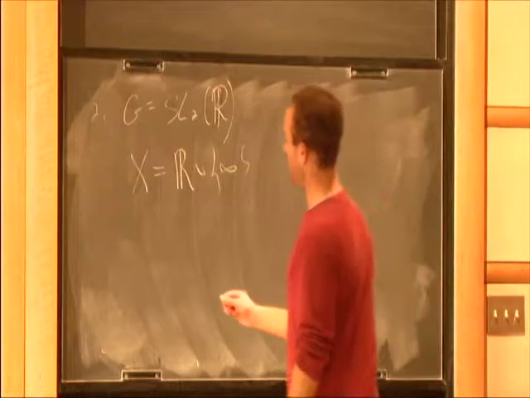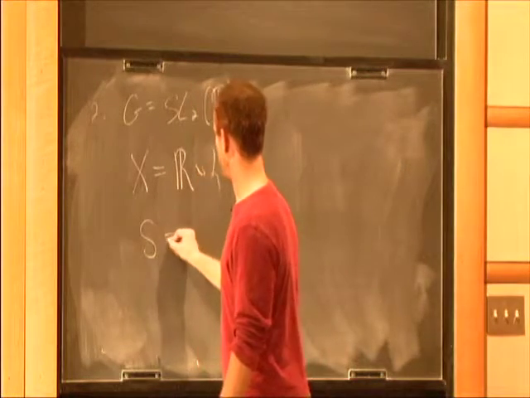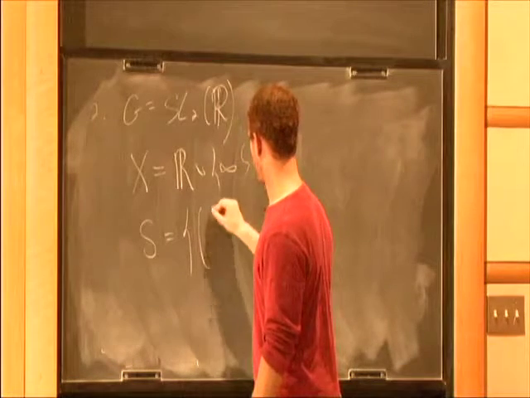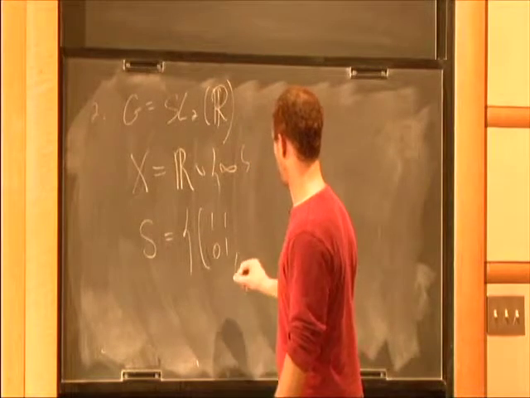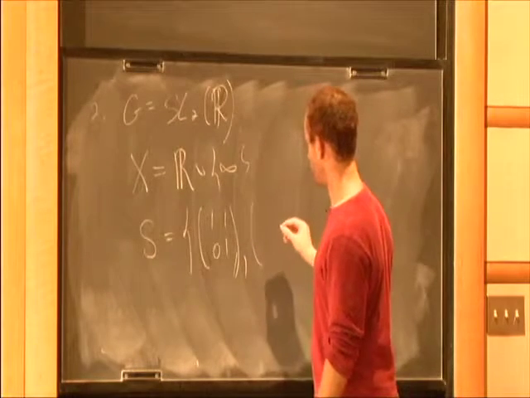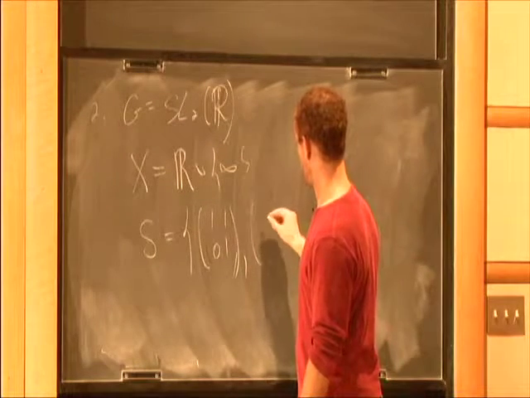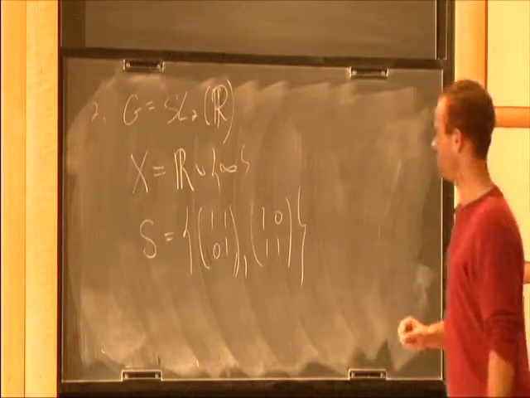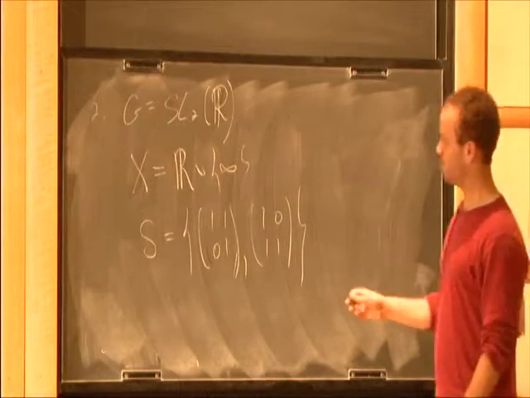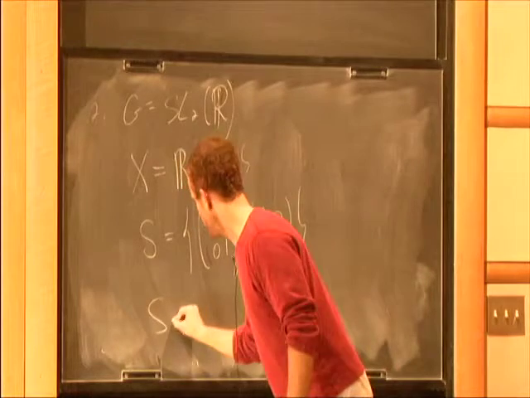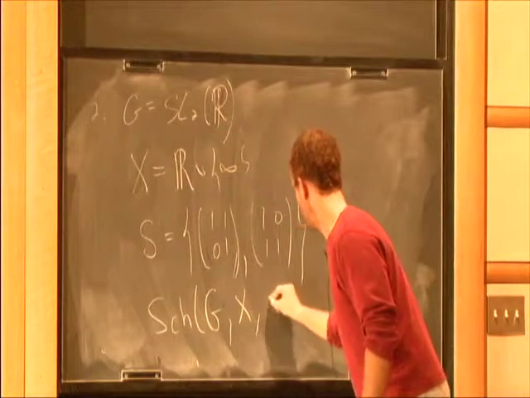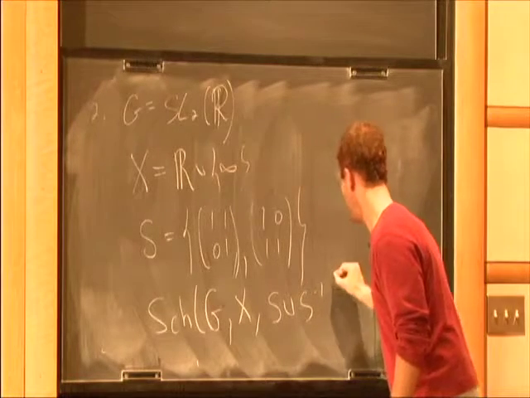And if you ask, then we can add, let's say, two matrices, and so we can now look at the Schreier graph of G, X, S union S inverse.